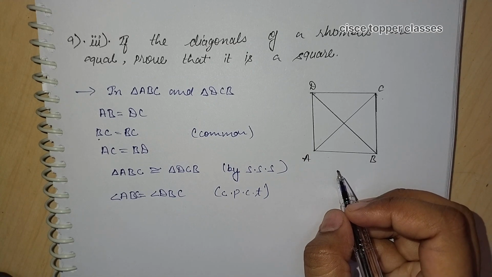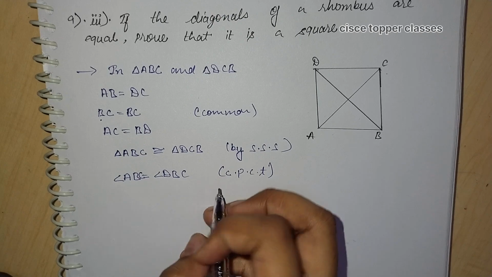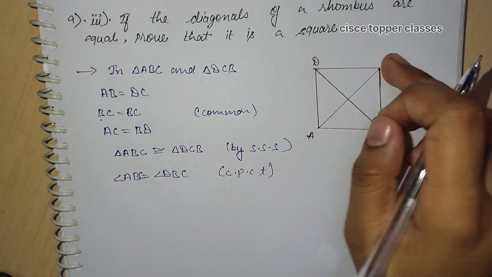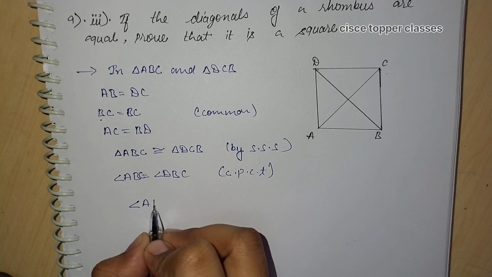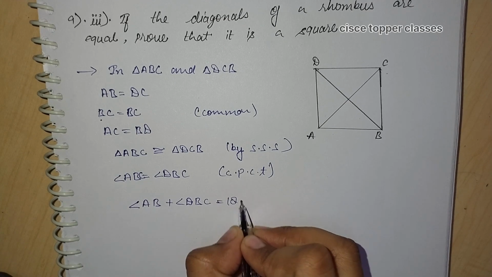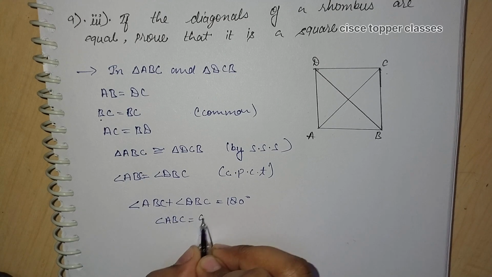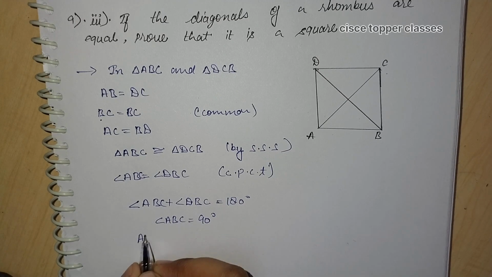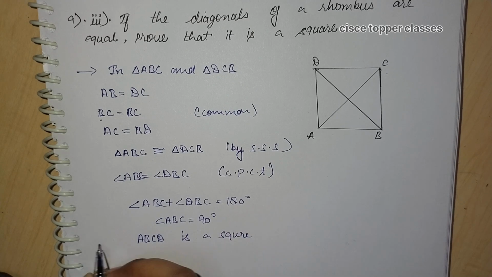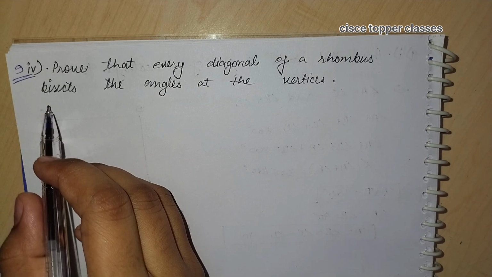So from this we can prove that these angles are made by transversal BC on the same side of parallel lines AB and CD. We can write that angle ABC plus angle DBC is equal to 180 degree, and angle ABC is equal to 90 degree, so from here we can prove that ABCD is a square. Hence proved. So this is only what we have to prove here. Now let us solve the ninth question, fourth part.